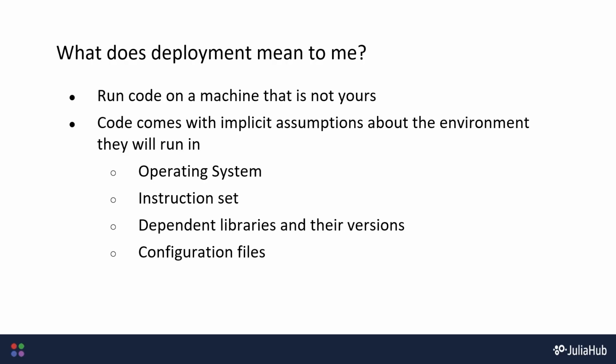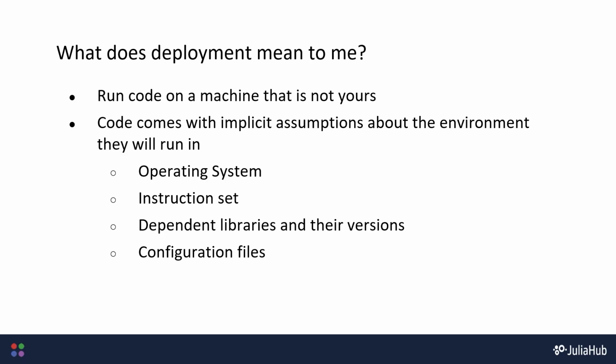Given all this variety of users, I want to abstract it out into the topics that I'll speak about for the next few minutes. The way I look at deployment is running code on a machine that you don't own, that you haven't developed on. That's the key differentiator that you need to think about.